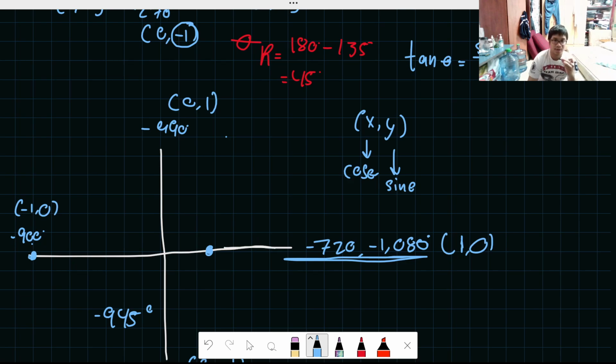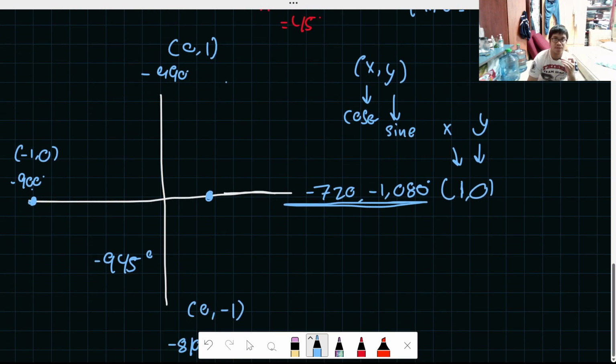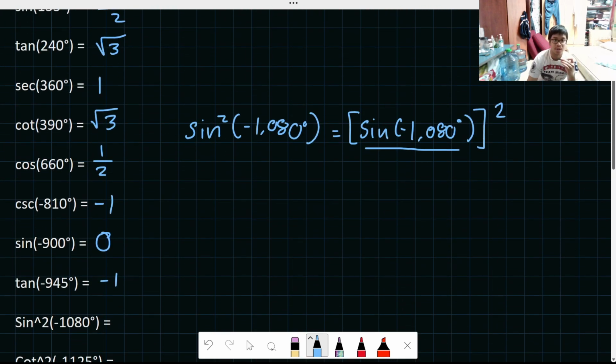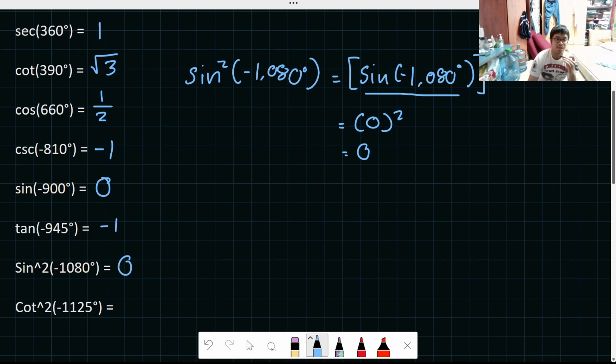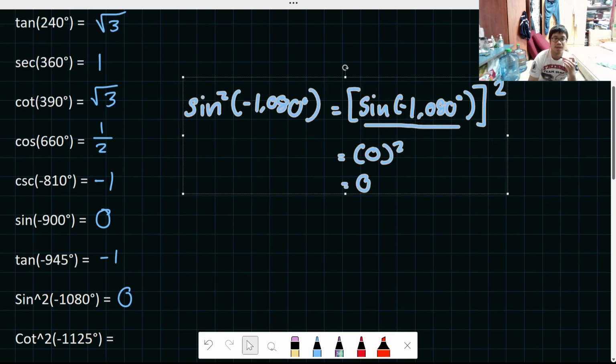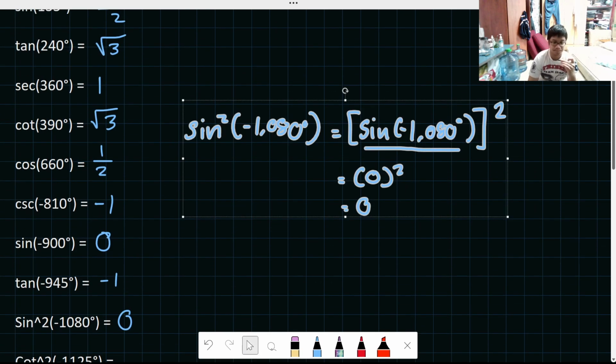Remember that your x is 1 and your y is 0, and your y is sine and your x is cosine. So sine of negative 1080 degrees is 0. This becomes 0 squared, which is 0. So the answer here is 0.